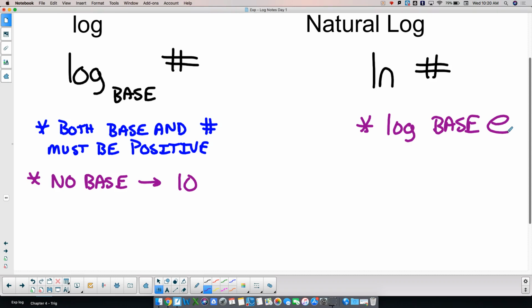E is a special number. It's called Euler's number. It's 2.718281, something like that. I don't know, that far. It's kind of like pi. It goes on forever. It's irrational.